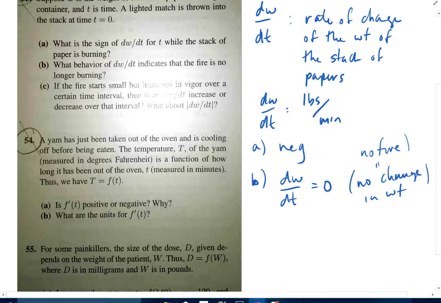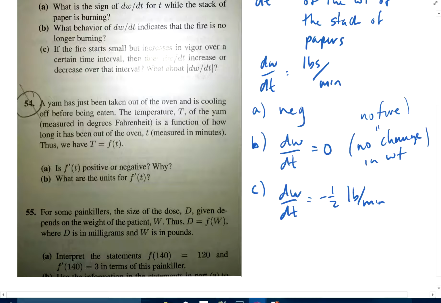C: if the fire starts small but increases in vigor over a certain time interval, does dW/dt increase or decrease? If it starts off small, it's a small negative number, say negative 1/2 pound per minute.